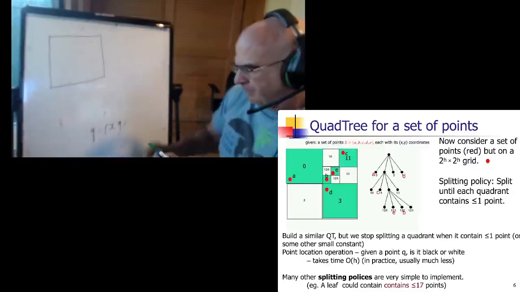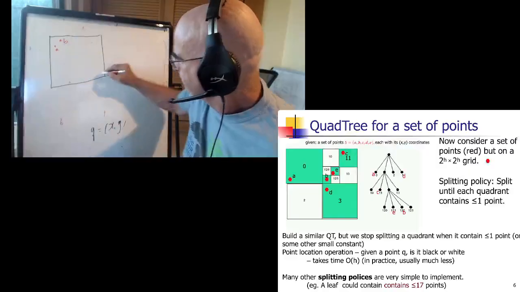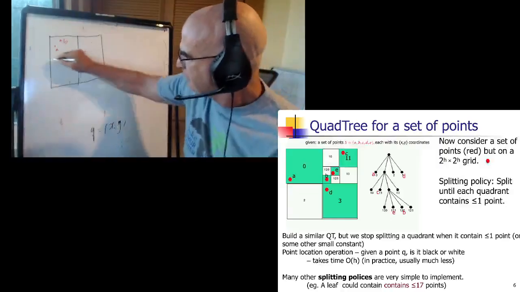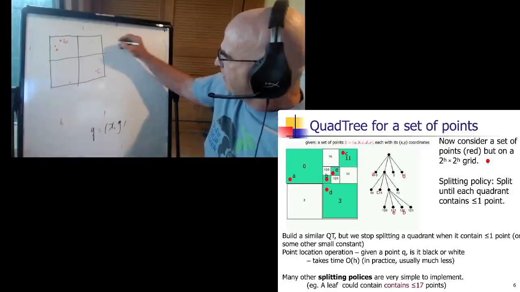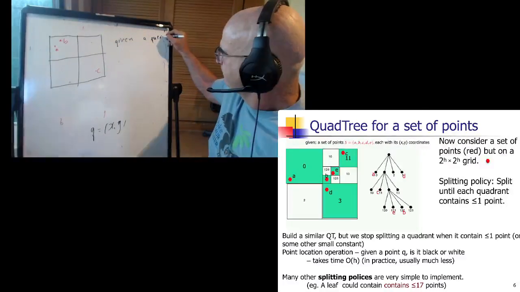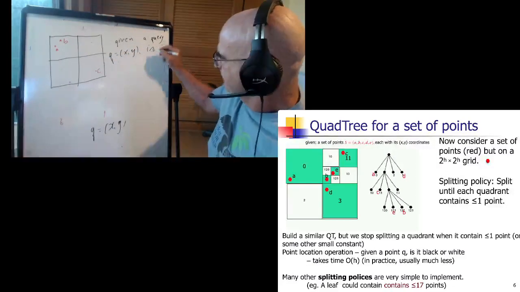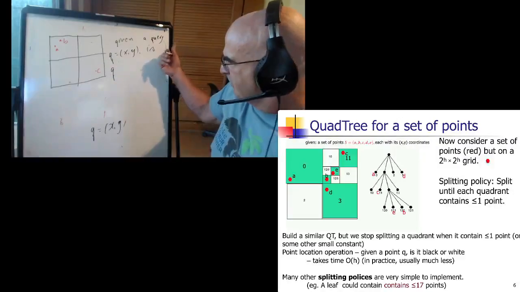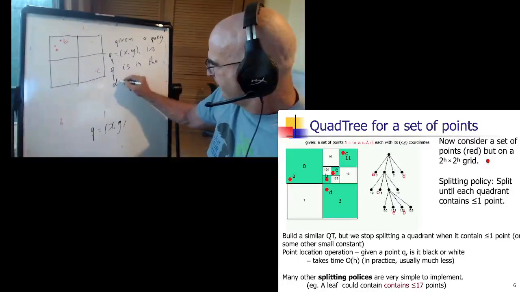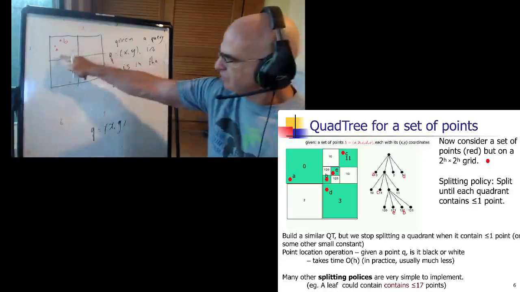So here is my data, A, B, C, for example, which will give me the quadtree that you see in the slides. And given a query Q, which is X, Y, I just need an answer, yes or no: is Q in the data set, the input set of points that the quadtree stored, A, B, and C?